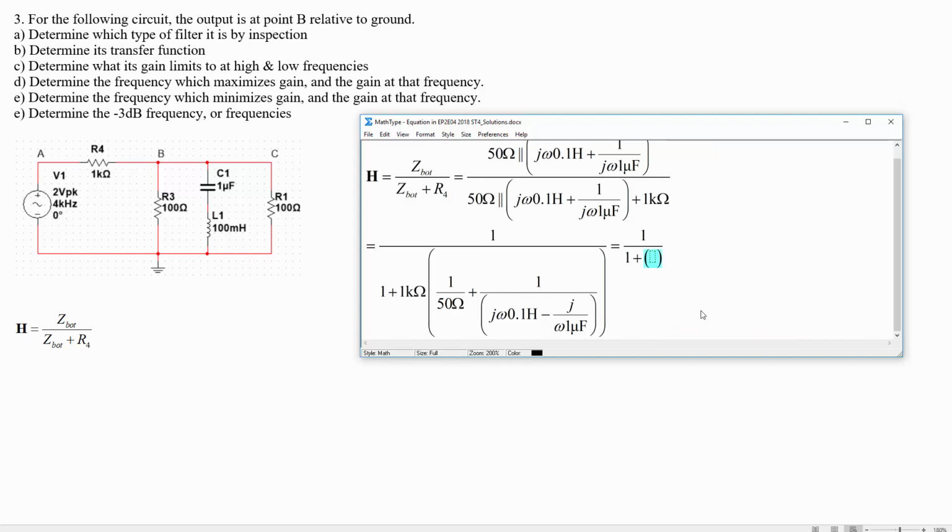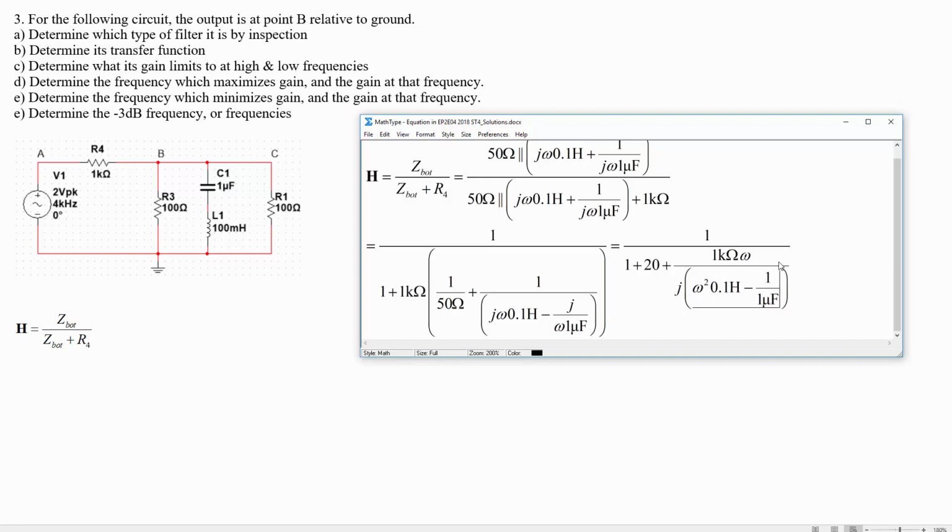And then over here, there's a j in both terms, so we can factor that out in front. We might consider multiplying numerator and denominator by omega here to get rid of the fractions in fractions. And we're going to have omega squared minus 1.